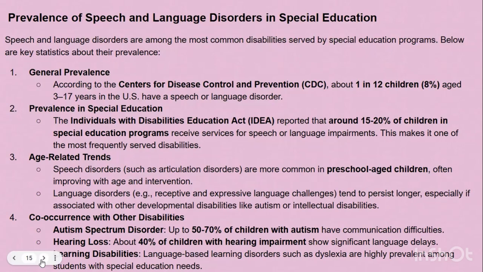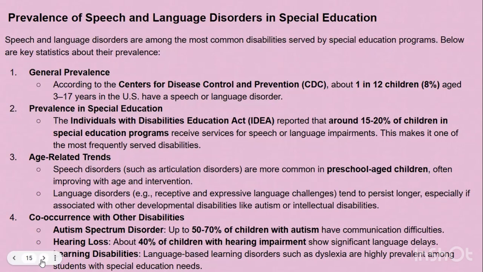Second, prevalence in special education. The Individuals with Disabilities Education Act, IDEA, reported that around 15 to 20% of children in special education programs receive services for speech or language impairments. This makes it one of the most frequently served disabilities. So as we can see, it is common in young children.